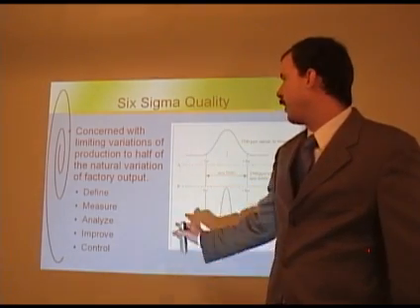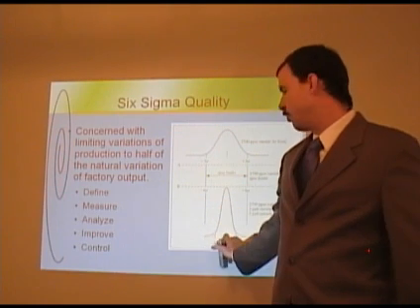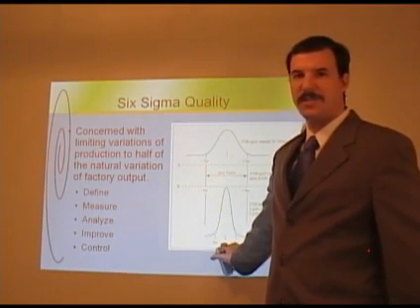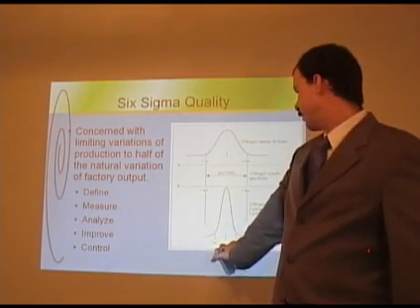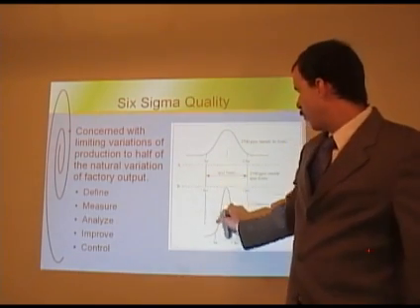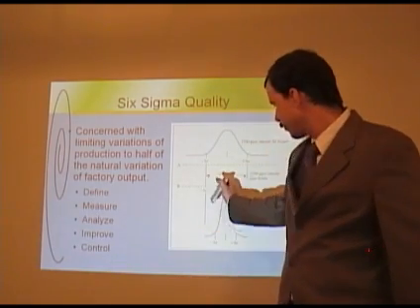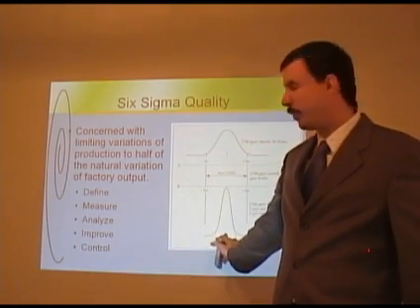Okay, by implementing your Six Sigma program, what you want to do is cut the variations to half of that. So then you would have a much more narrow bell curve. Your normal product would be right here.